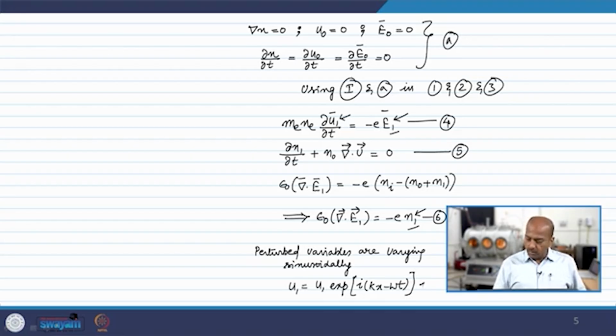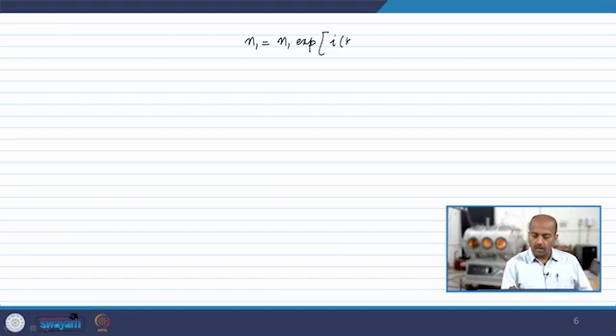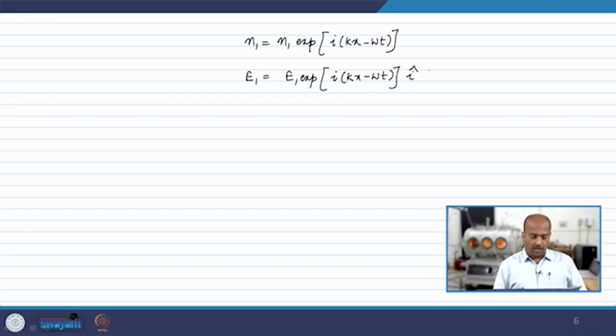Since it is velocity along the x direction, we write it along i cap. N1 is equal to N1 exponential i(kx minus omega t). The electric field E is equal to E1 exponential i(kx minus omega t) along i cap. So, let us call this set of equations B.